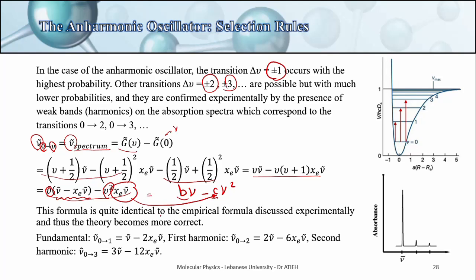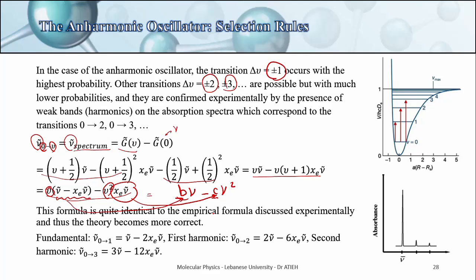So C represents this and B represents this. So if I'm going to draw the lines for a transition from 0 to level nu, I will draw lines that are related with this relation, nu bar equals B nu minus C nu squared, which is similar to the experimental results that we have already seen at the beginning of this chapter.